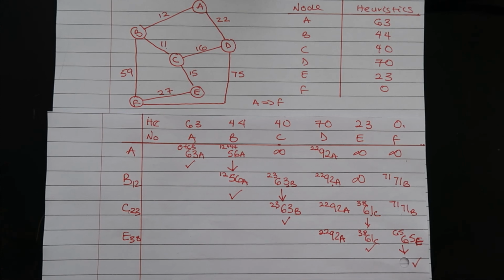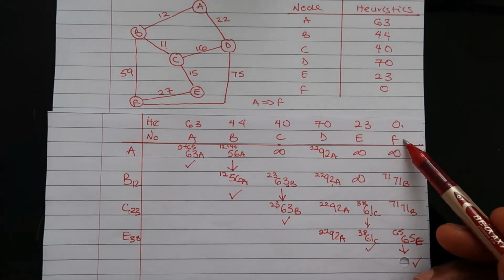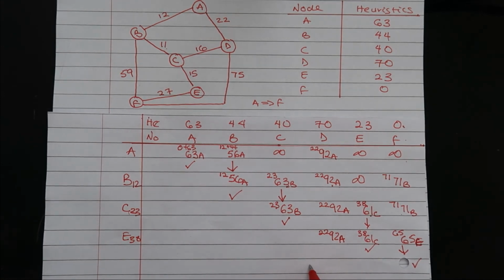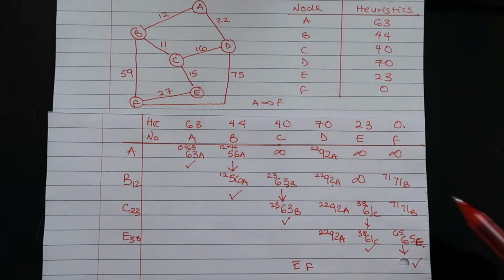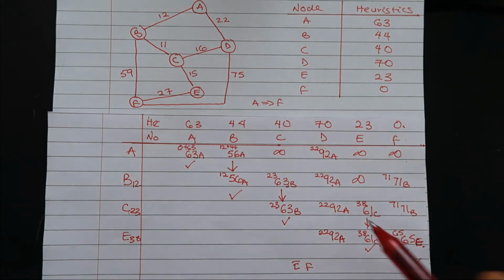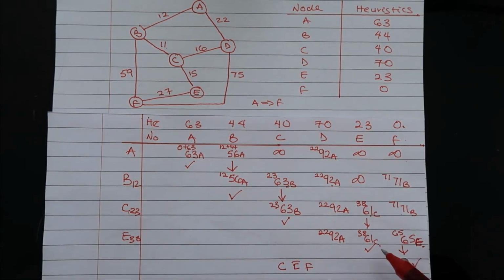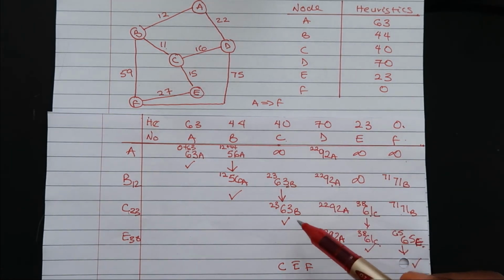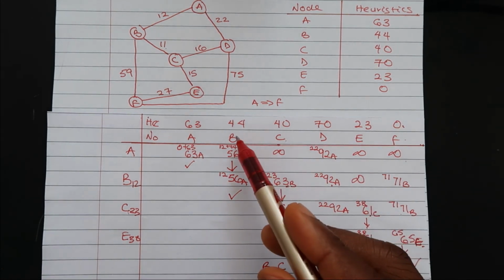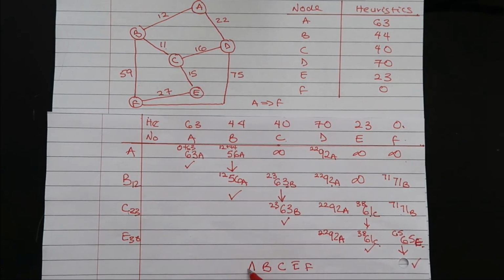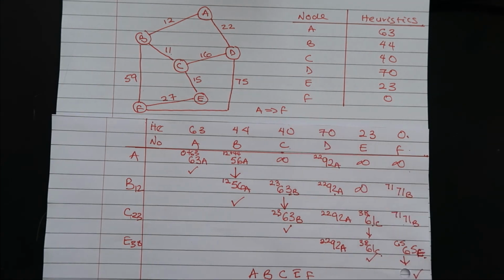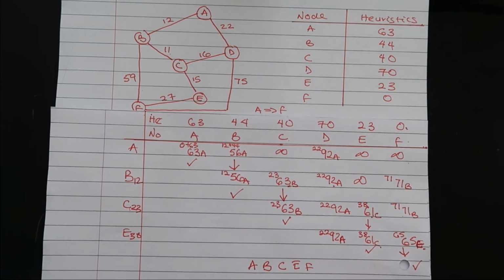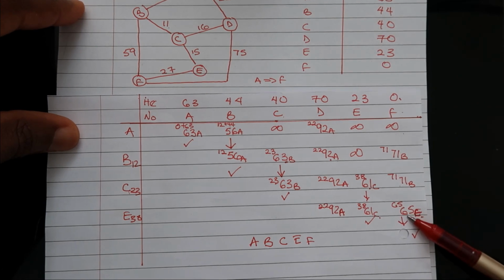So, looking at the best path now from A to F, I'll go to my destination node there, which is F. What's the node underneath it is E. I'll go to E. The best known node to it is C. And I'll go to C. The best known node to it is B. And I'll go to B. The best known node to it is A. So the shortest path between A to F is A, B, C, E, F. And the weight is 65.